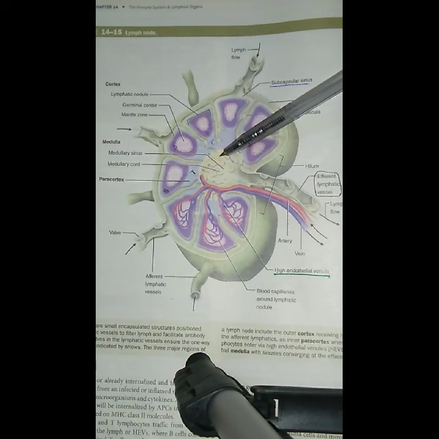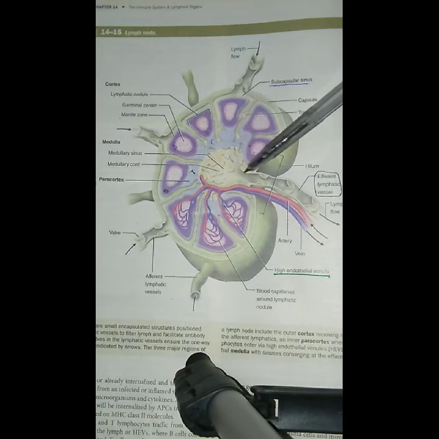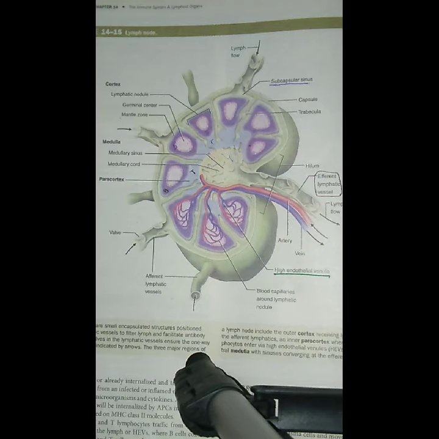They pass through the medullary cord and then the medullary sinus, and finally to the efferent lymphatic vessel, and leave the lymph node.